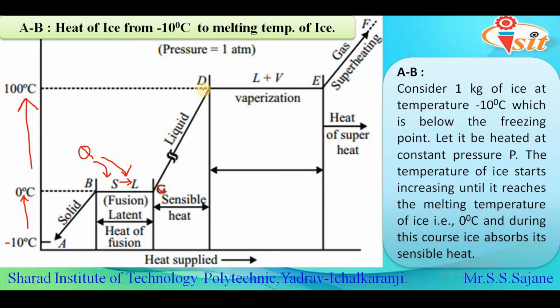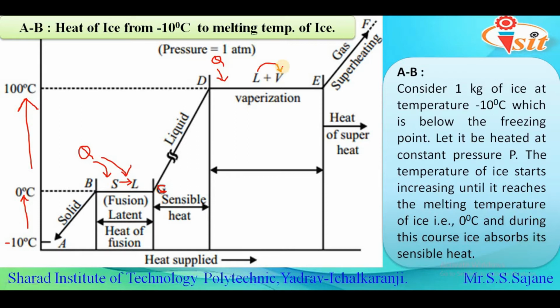Now if we further add heat to the system, the next stage is represented by line D to E. With further addition of heat, again there will be no rise in temperature, but instead the liquid phase will be converted into gaseous state as the heat is added.